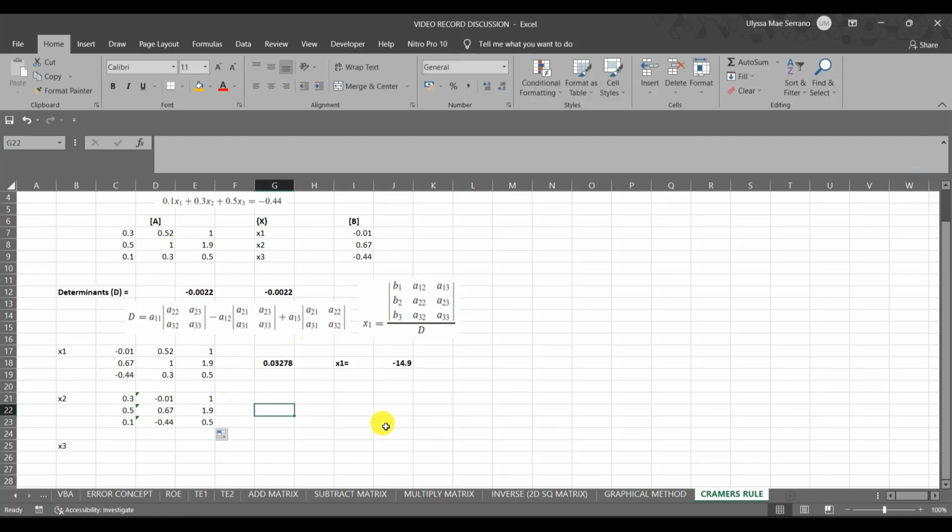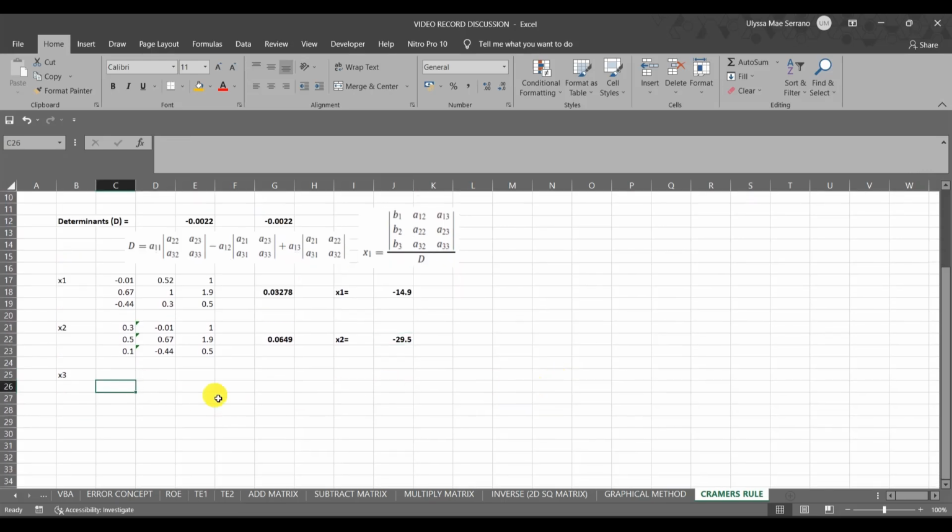For the determinant at the numerator, MDETERM, which means finding the determinant of the given matrix. So we already have the value at the numerator. For our x sub 2, simply select the numerator divided by the denominator, which is the determinant.